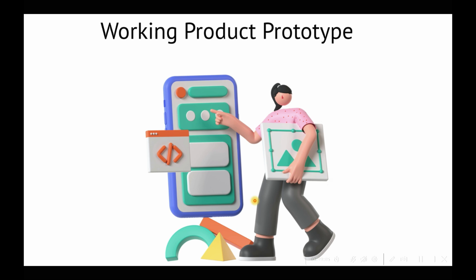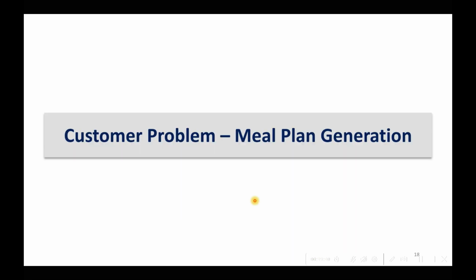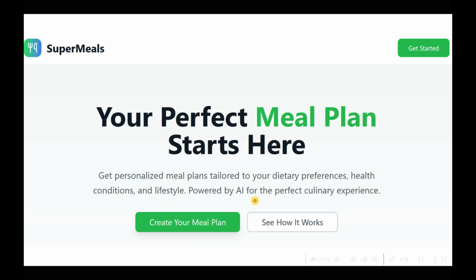So this is what I wanted to cover in this session. For the purposes of this program, I have selected one product idea called meal plan generation. I'm calling it Super Meals, and I'll take you through more information about this idea, how I started, and all the 5 questions I mentioned. I'm going to show you how I prepared answers to those questions, how I struggled, and how I went back and forth in identifying the right audience for this idea.